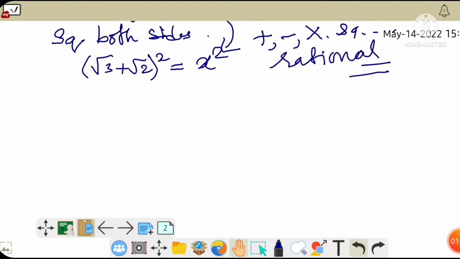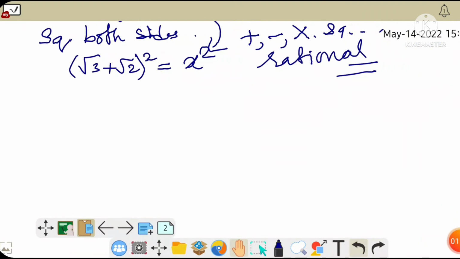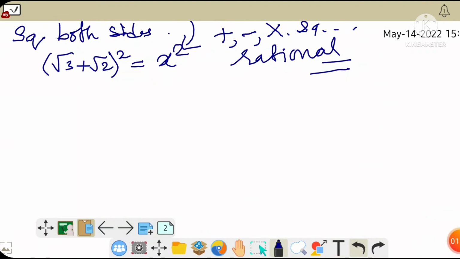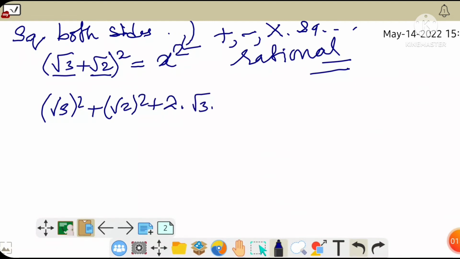So here we use the formula (a plus b) whole square. By applying this formula, here a is root 3, b is root 2. So a square plus b square plus 2ab: root 3 square plus root 2 square plus 2 into root 3 into root 2 equals x square.